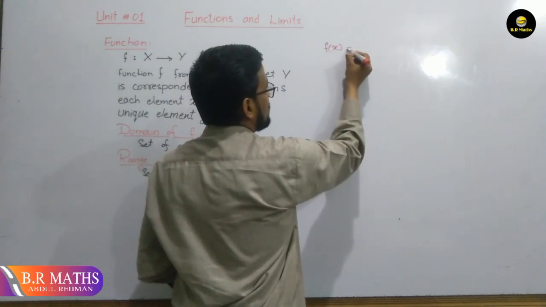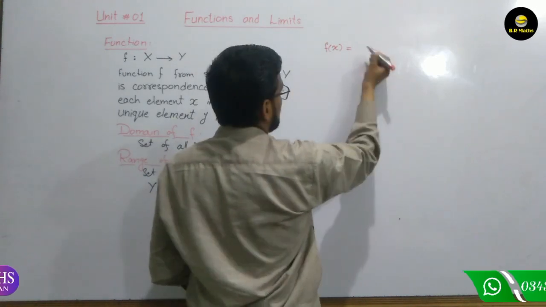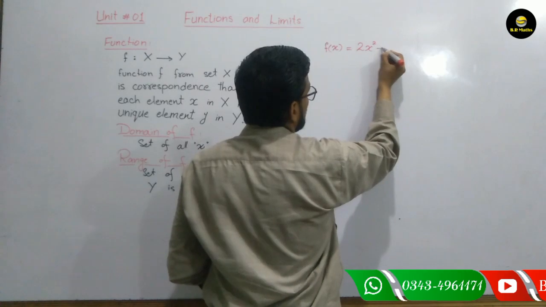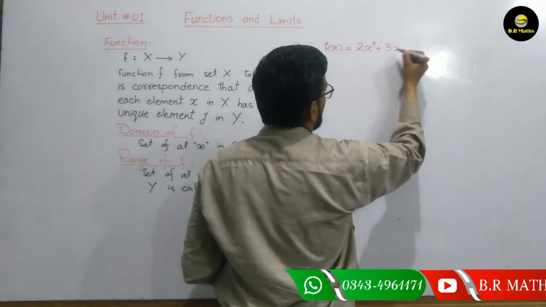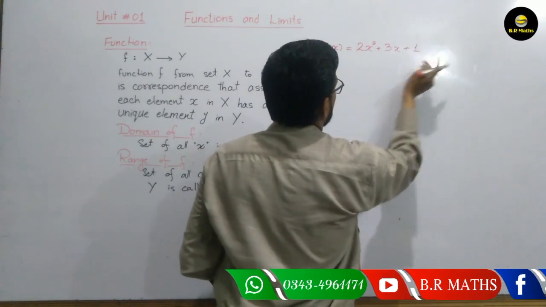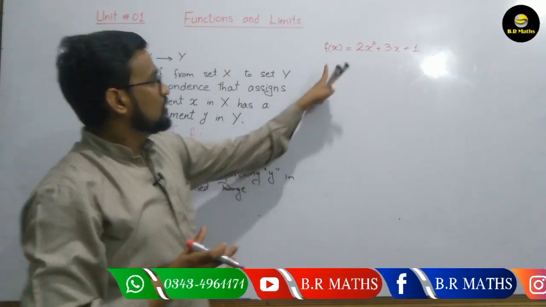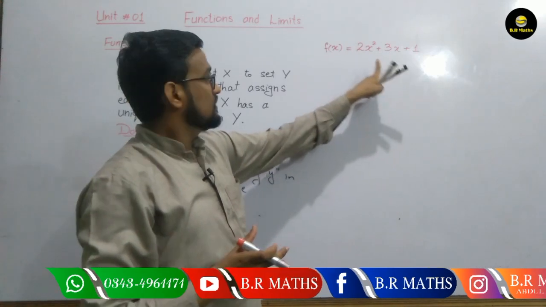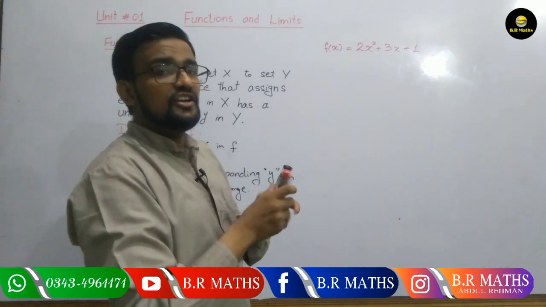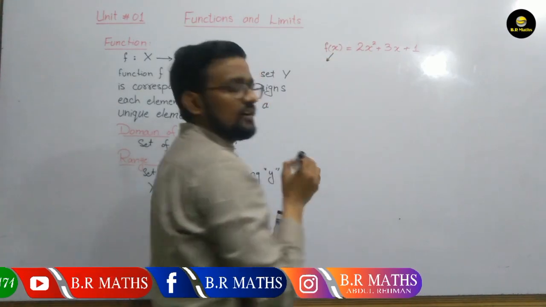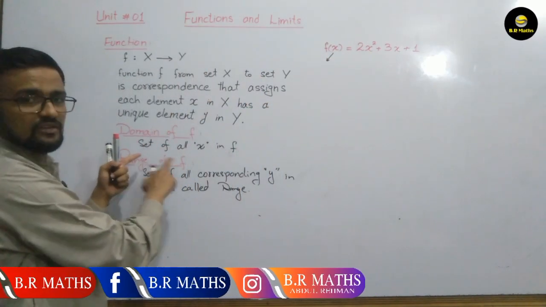This is an example: the function 2x square plus 3x plus 1. So this is a type of function, and we put the value of x, and x is independent and also known as the domain.